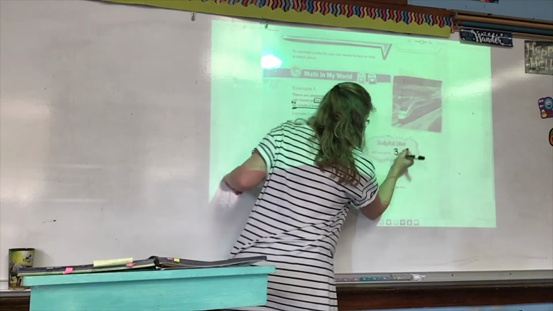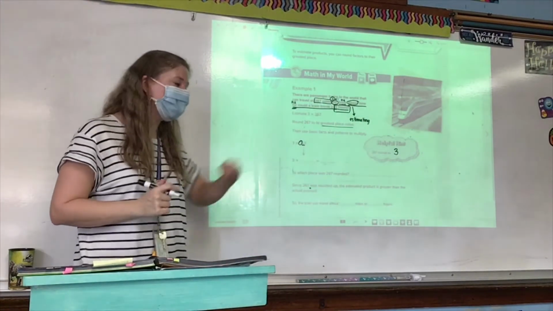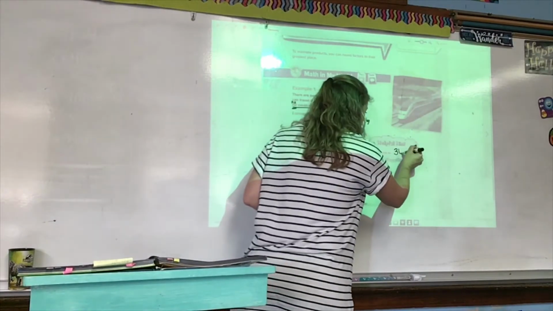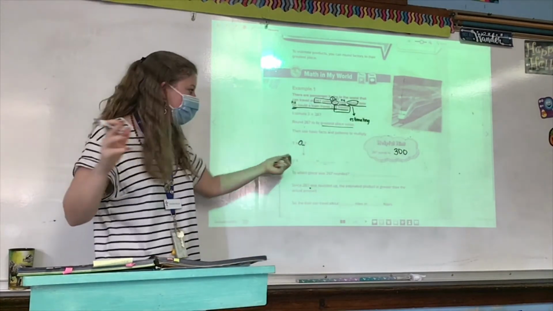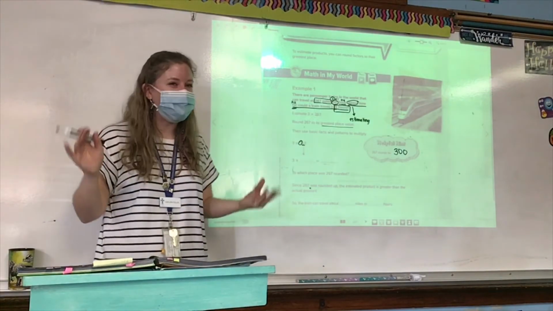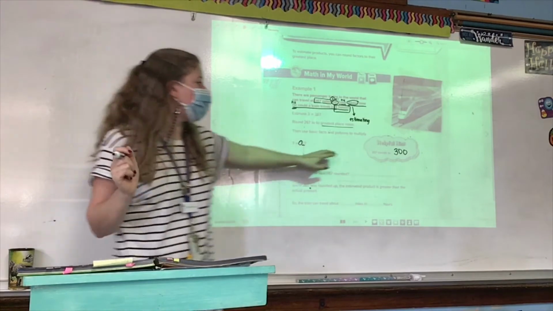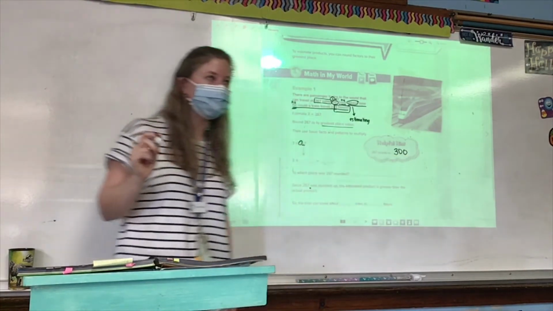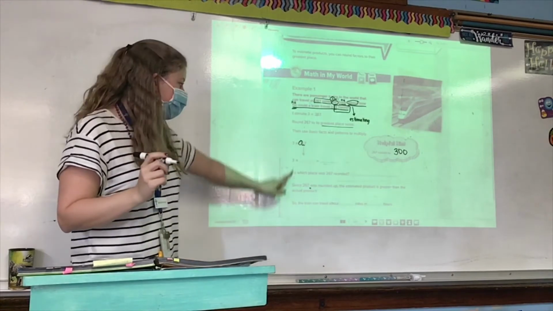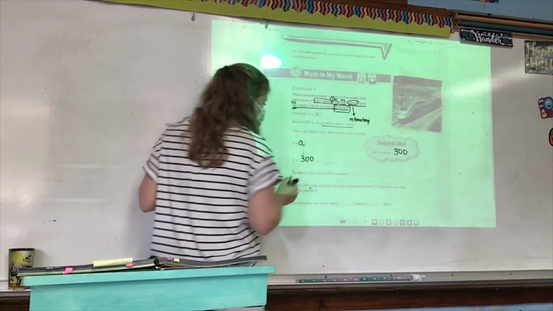So 2 becomes 3. Step 4, the digits after the circled digit become zeros. Step 5, anything before the circled digit stays the same. Do I have anything before the circled digit? No. So I know that 267 rounds to 300. Which means my estimated problem is 3 times 300.